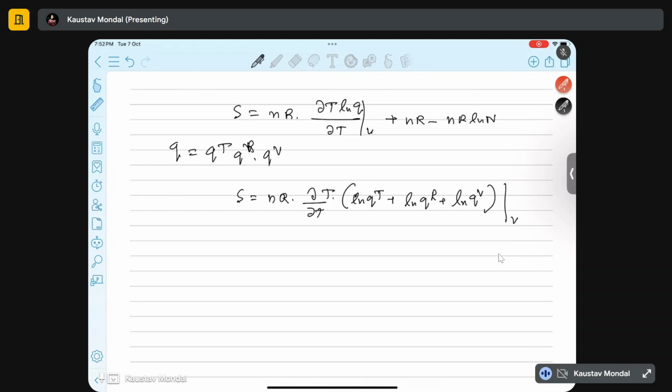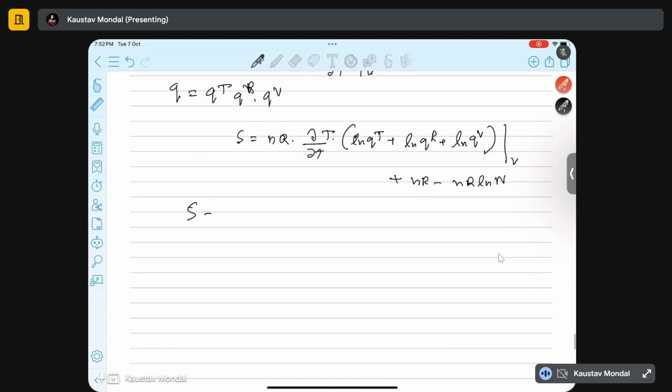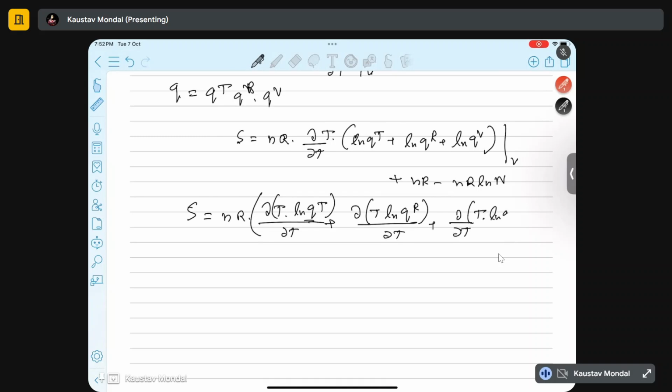This whole thing at constant volume V plus NR minus NR into ln N.